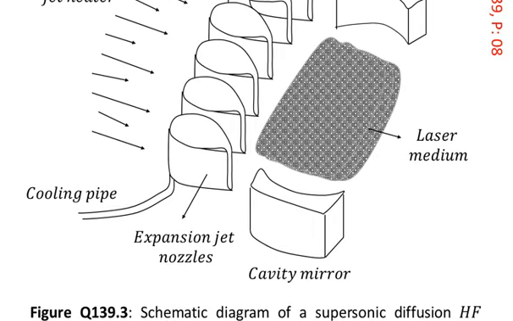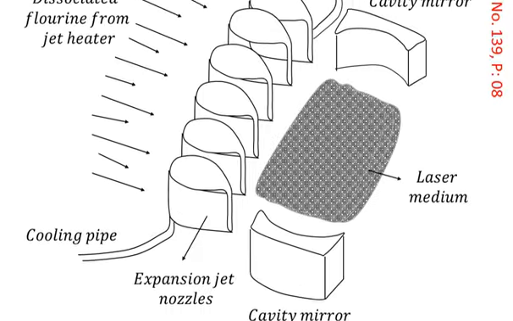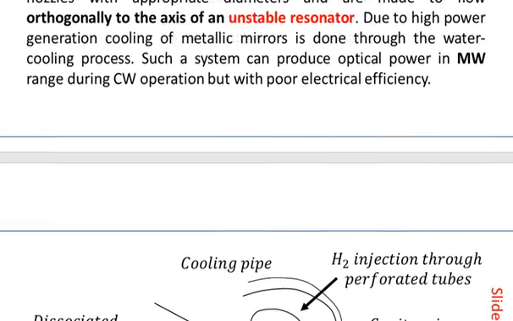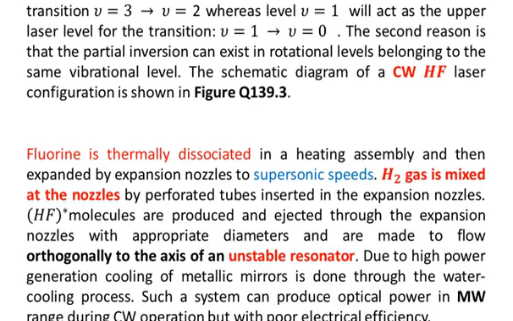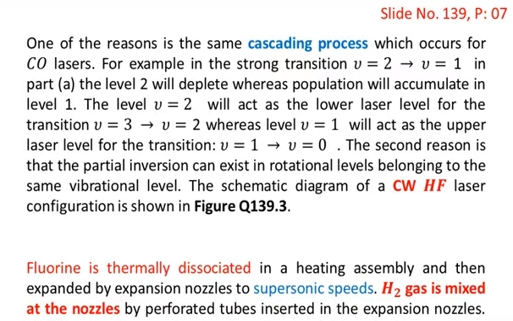And you see that you have a laser medium in between them, which is being pumped transversely across the laser cavity using expansion jet nozzles. And the explanation of this one is given in the text, which I am going to present now.